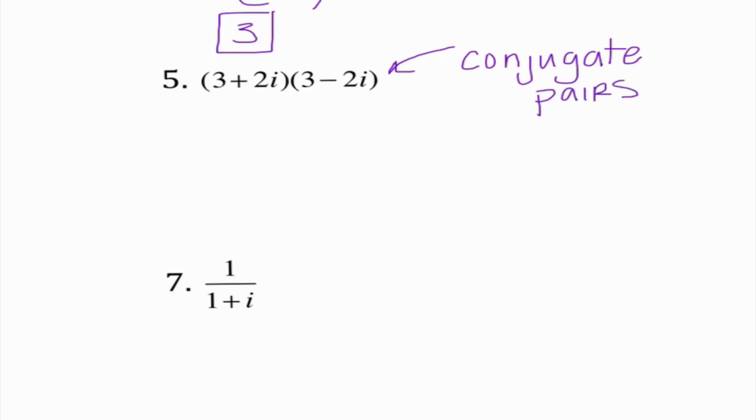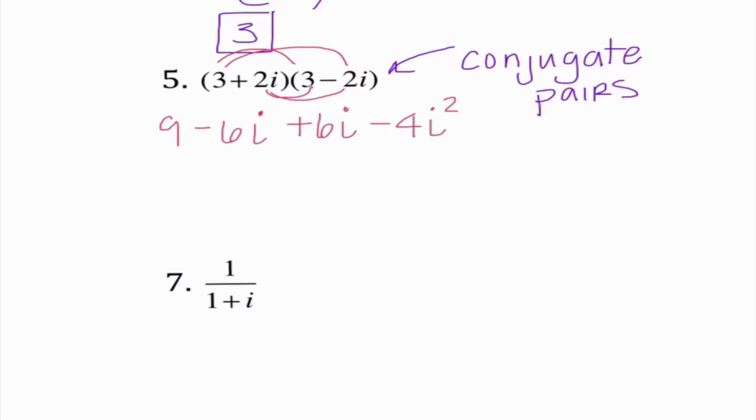And the reason why that's going to become important is I want you guys to kind of see what happens to my answer. So I'm going to FOIL: 3 times 3 is 9. 3 times negative 2i is negative 6i. 2i times 3 is positive 6i. 2i times negative 2i is negative 4i squared.